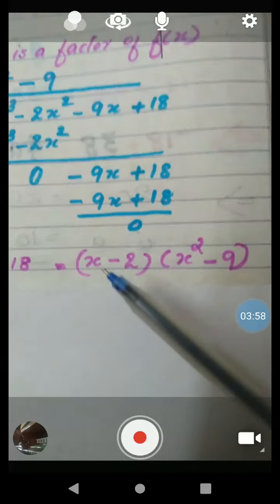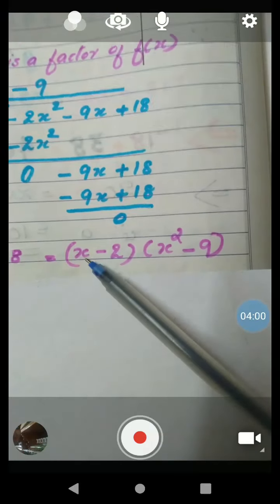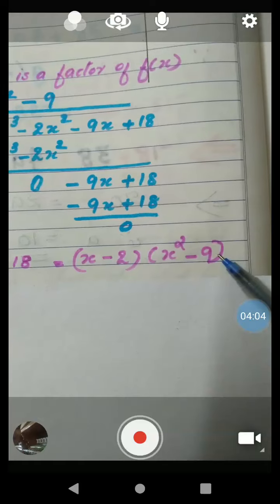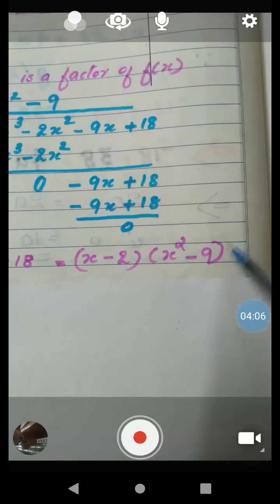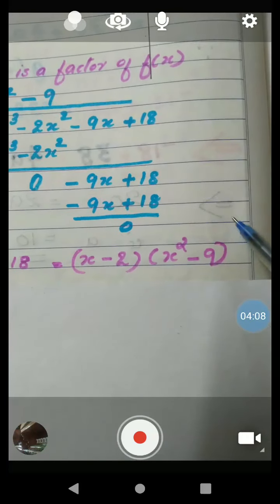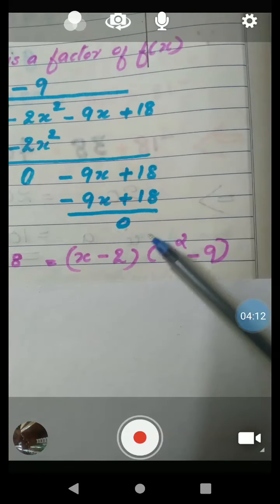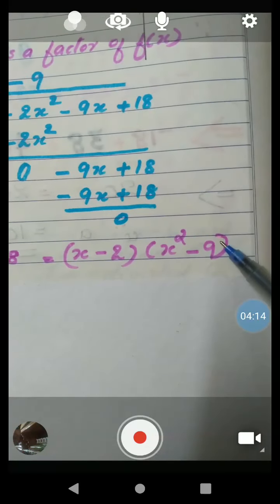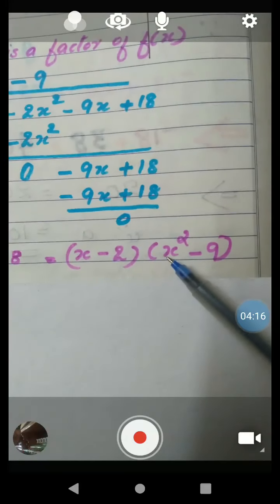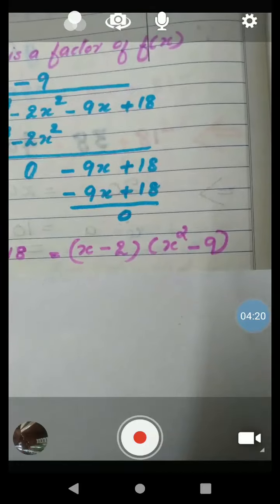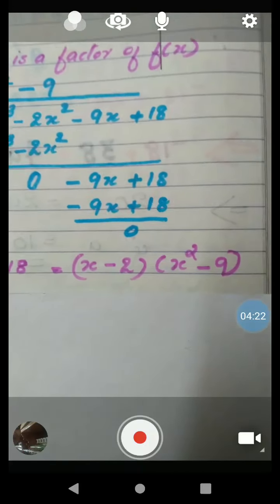So, now we know two factors: x minus 2 into x square minus 9. Can we factorize it again? This factor, can you factorize it? x square minus 9 can be written as x plus 3 into x minus 3.